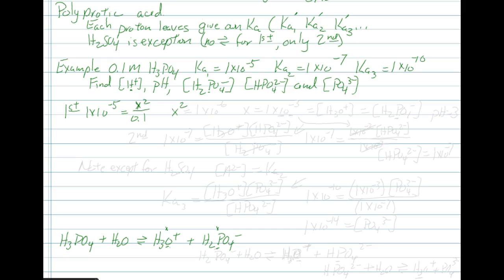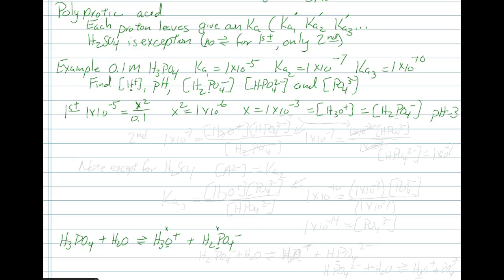Cross multiply, x squared equals 1 times 10 to the negative 6, square root. x equals 1 times 10 to the negative 3. That is equal to the hydronium ion concentration, and that is also equal to the dihydrogen phosphate ion concentration. The pH is the negative log of that, so the pH is 3.